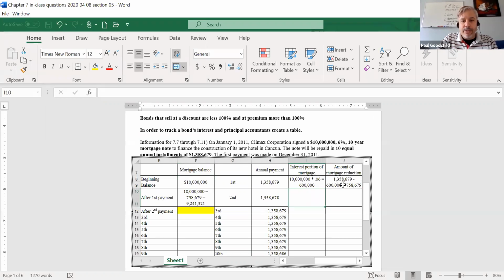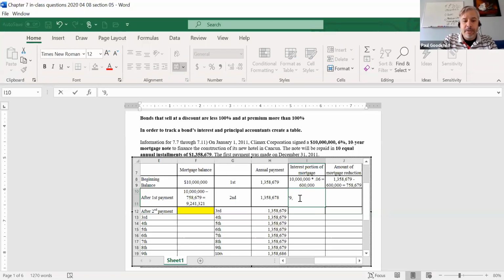And so now, next year, after the first payment has been made, our new mortgage balance is going to be $9,241,321. Our payment's going to remain the same. And so we have to calculate our interest.